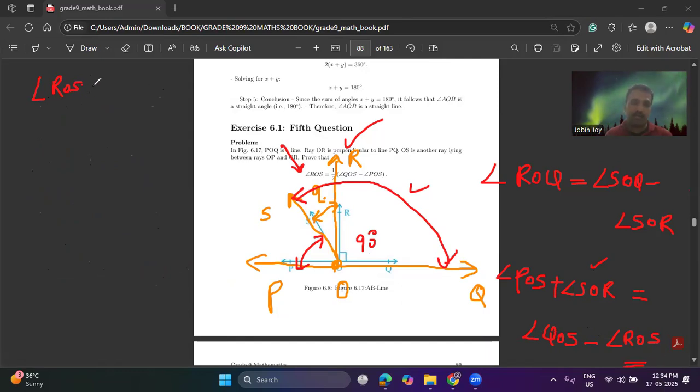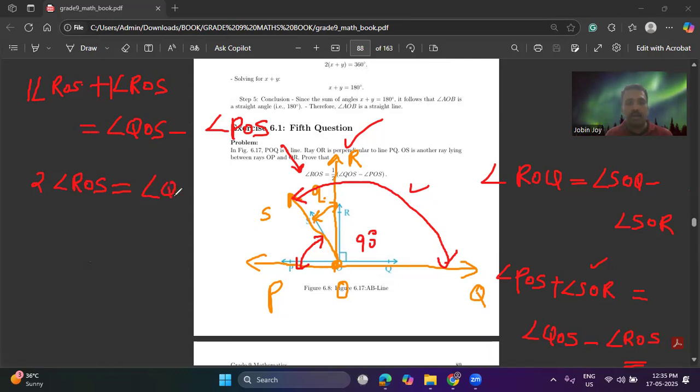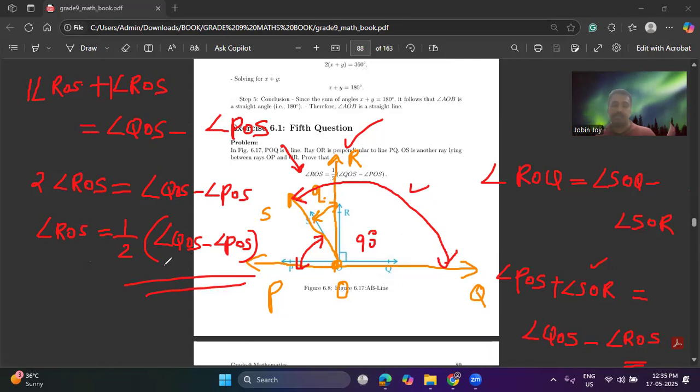I'm shifting it to the left side. That means plus angle ROS is equal to angle QOS minus angle POS. So what is angle ROS plus angle ROS? 2 angle ROS is equal to angle QOS minus angle POS. So angle ROS is 1 by 2 into angle QOS minus angle POS. That is the answer.